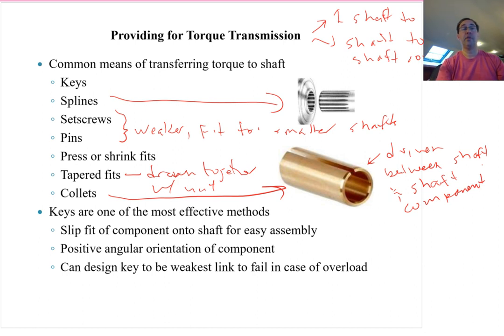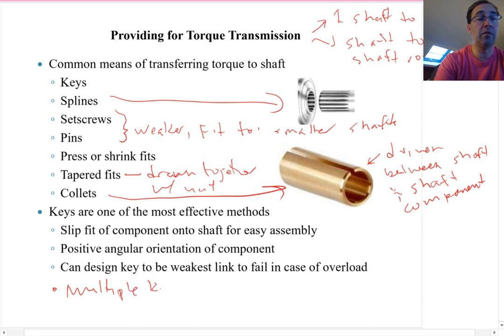You can design a key to be the weakest link, so it fails in case of a torque overload. Also not mentioned here, you can use multiple keys for additional torque transfer.